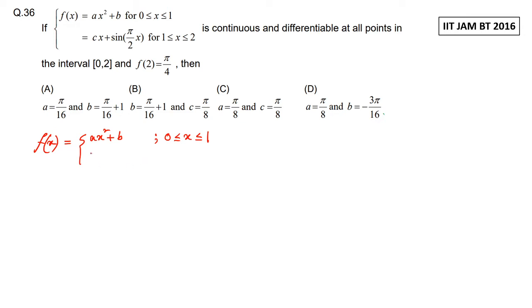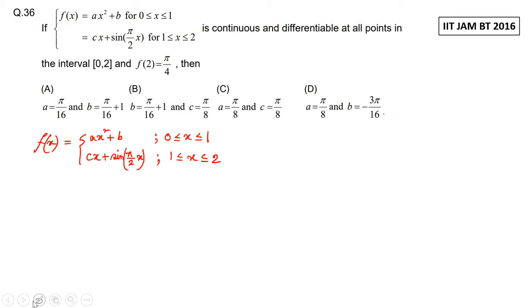So this is for the 0 to 1 range, and for 1 to 2, f of x is equal to cx plus sine pi by 2x. It is for 1 less than equal x less than equal 2. So it is given.